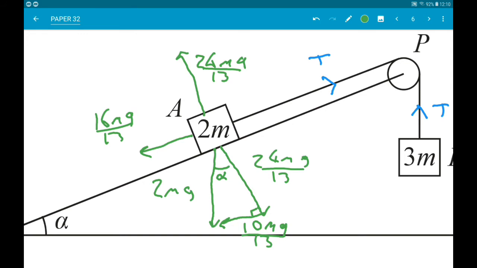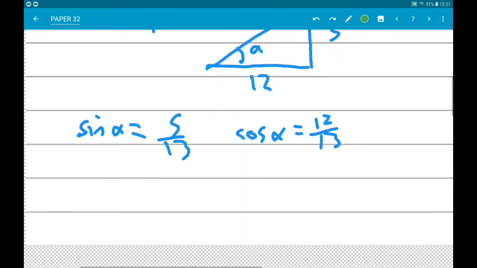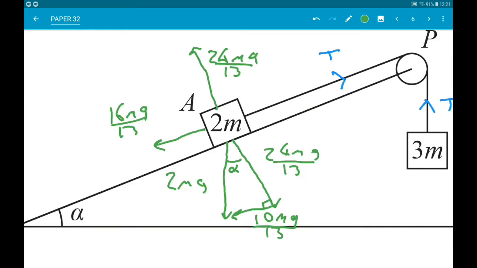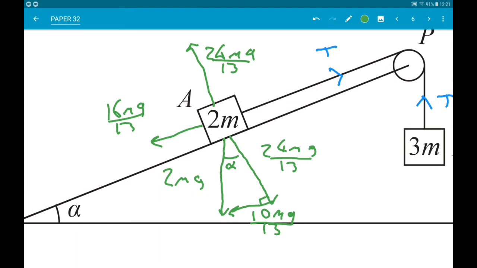Now, what can we do from that? Well, we know that force is mass times acceleration. Now, at A, we have tension pulling us up, and then we have two forces trying to pull us down. So we have friction and the parallel part of the weight.